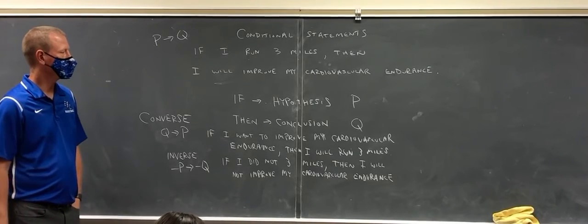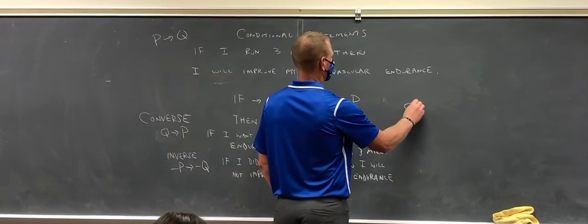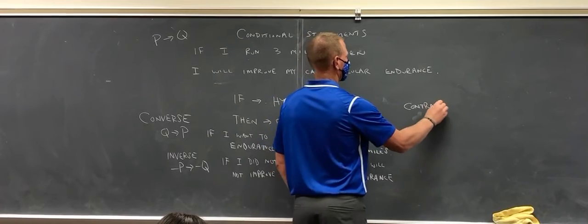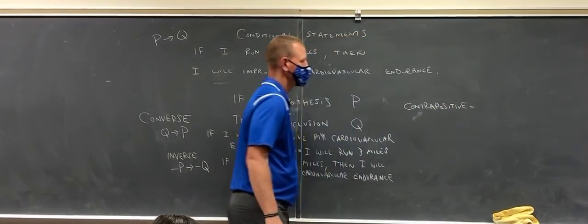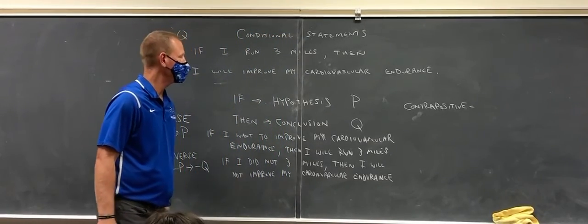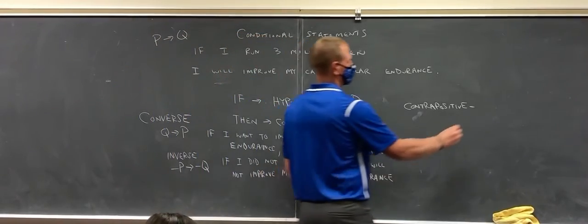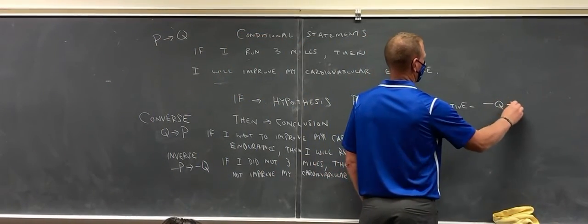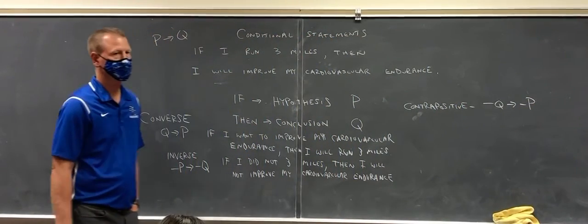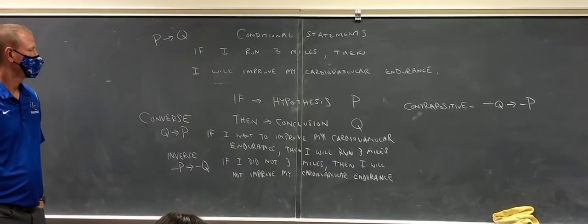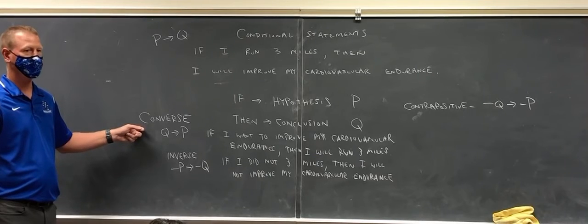We've got one more that we talk about in our conditional statements, and the last one is called the contrapositive. The contrapositive says the negation of Q, then the negation of P. So it'd be like taking the converse and negating each of those statements.